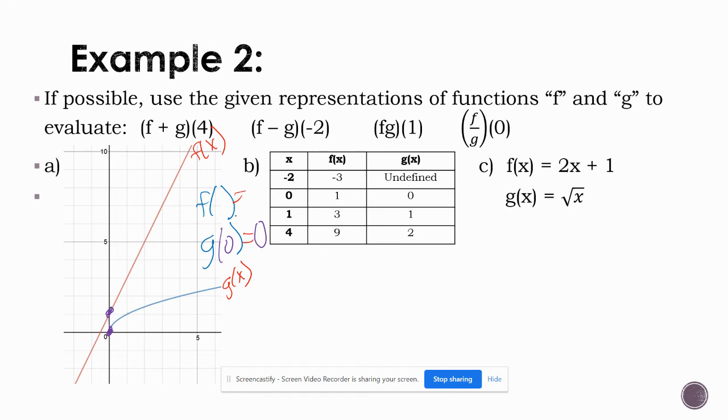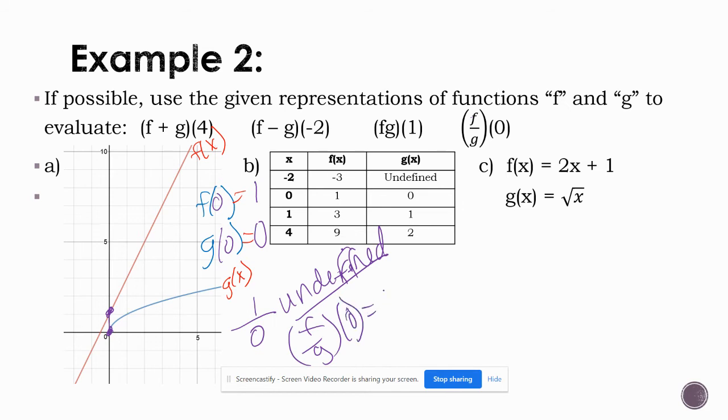For f, we're at 1. F over g means the 1 has to go over 0, which we can't do. It's undefined. So f over g of 0 is no solution, undefined.